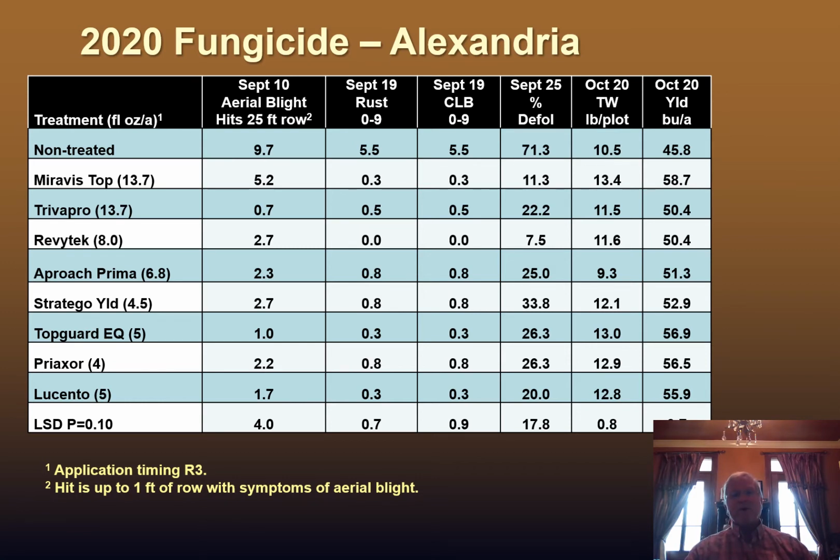Looking at the soybean rust and Cercospora blight, most all of the fungicides looked pretty good relative to the non-treated in suppressing those diseases, and we had moderate levels of those 2 diseases. When looking at the yields, there was an increase relative to the non-treated, so the fungicides seemed to work pretty well.